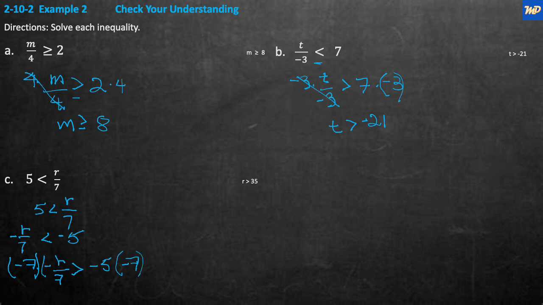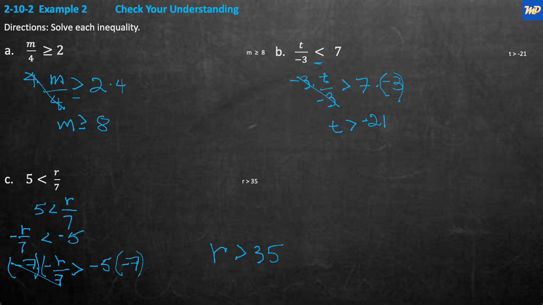And when I do that, the negatives cancel, the 7s cancel, and we end up with r. R is now greater than 35. 5 times negative 7 is 35. Okay, and we got the r on the left-hand side, so that looks nice.